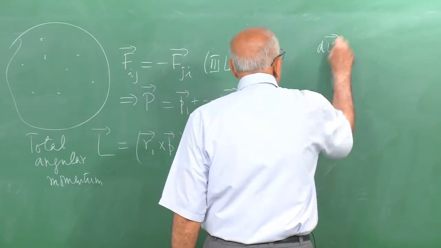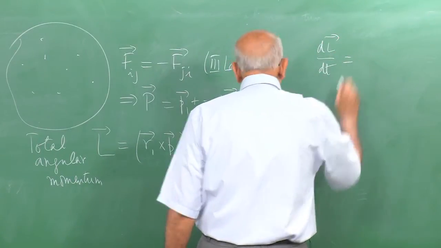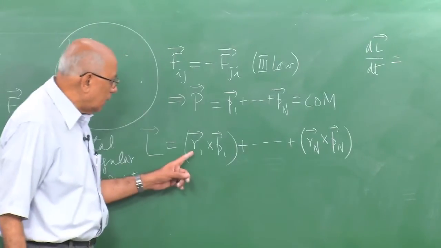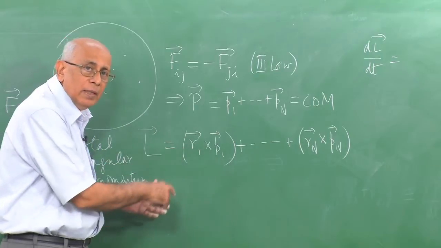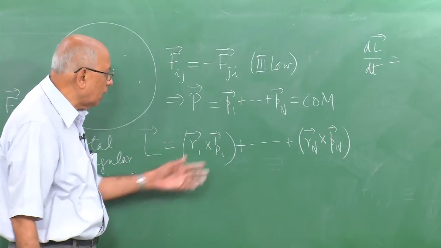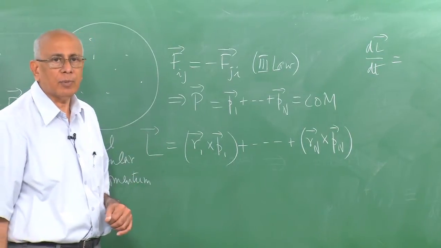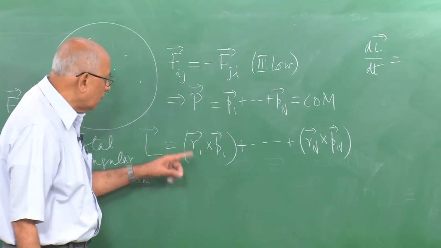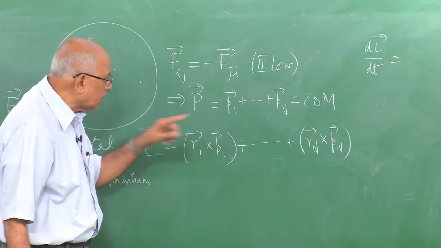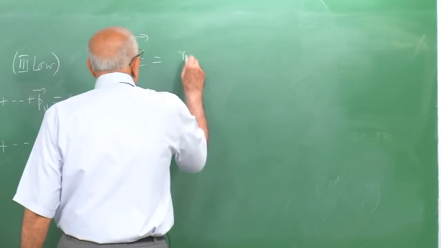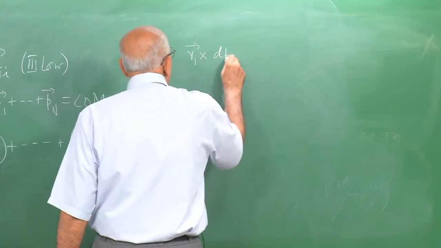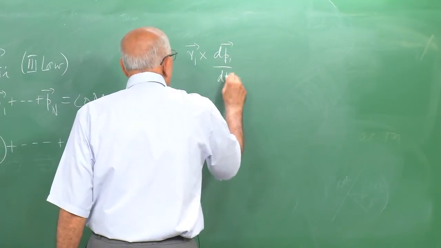So dL over dt is equal to, and now dr1 over dt cross p1, which is 0 because dr1 by dt is the velocity of particle 1 and p1 is the mass times the velocity of particle 1. So that part is 0. The second part is r1 cross dp1 over dt.